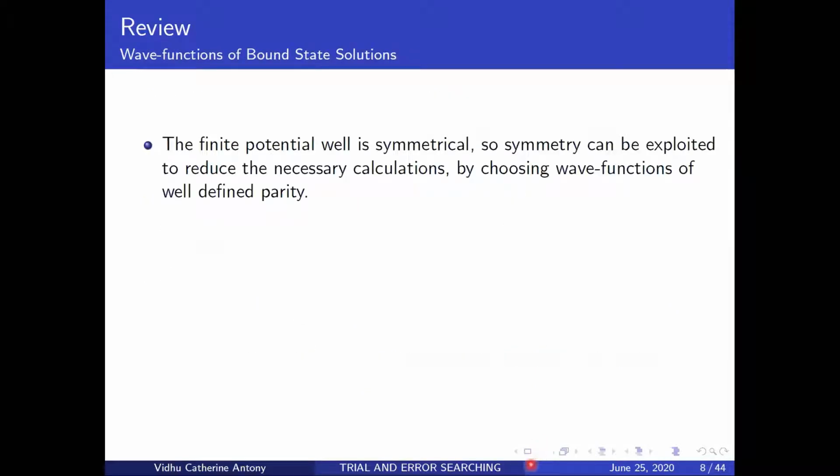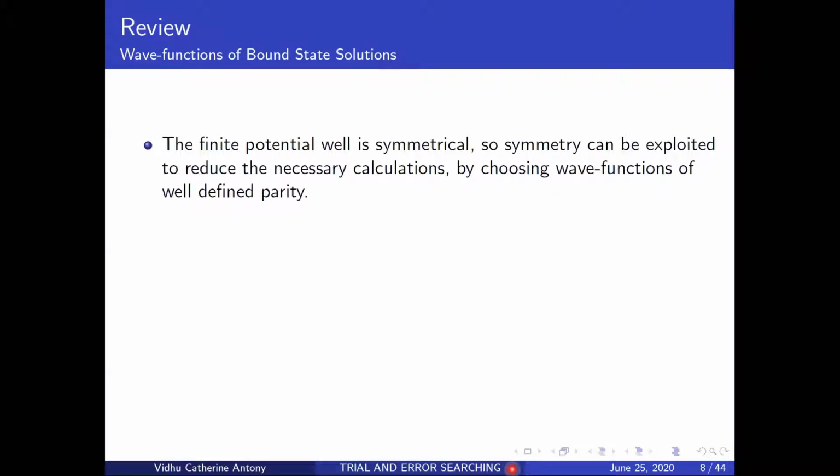When we derived this in the earlier semester, we had taken a function with both sine as well as cosine, and then exploited the symmetry of this potential to choose wave functions of well-defined parity. What do I mean by that? Either even parity or odd parity.